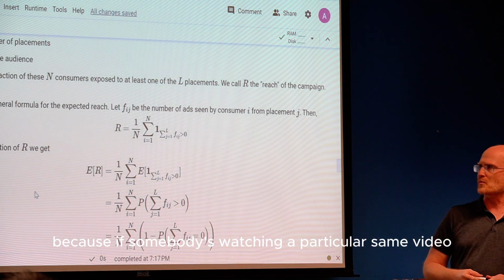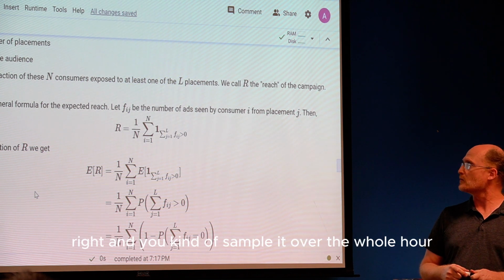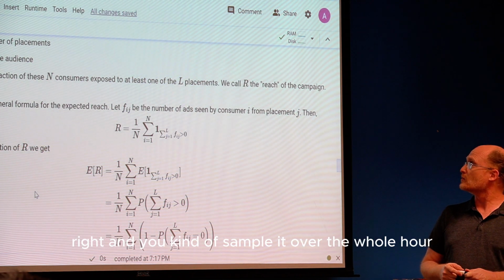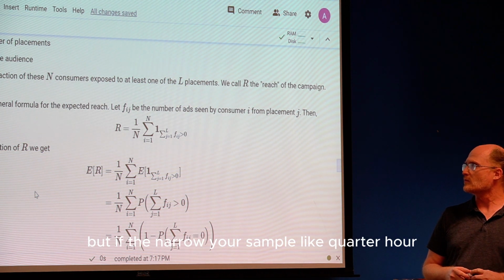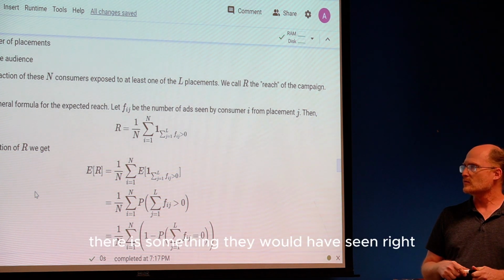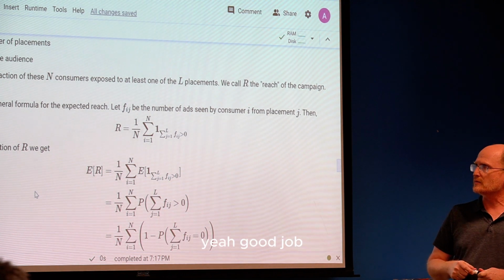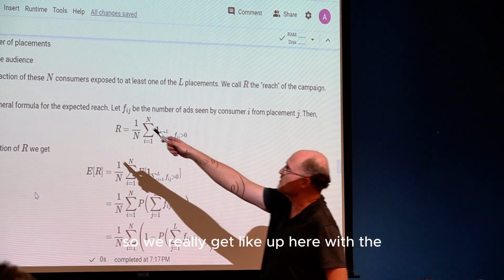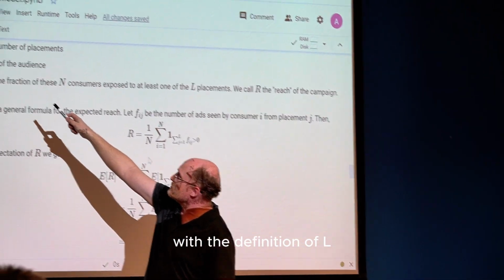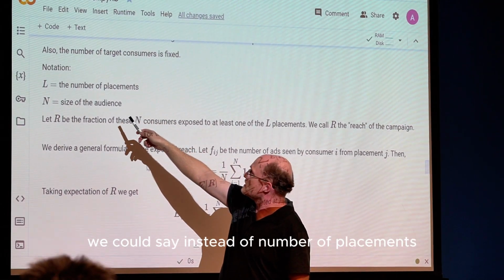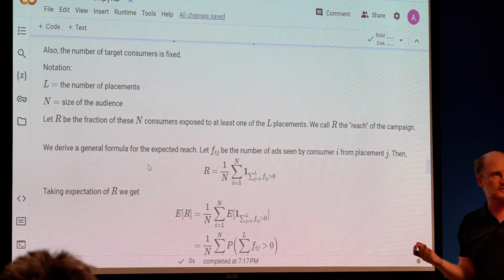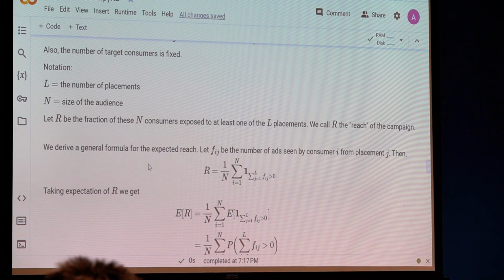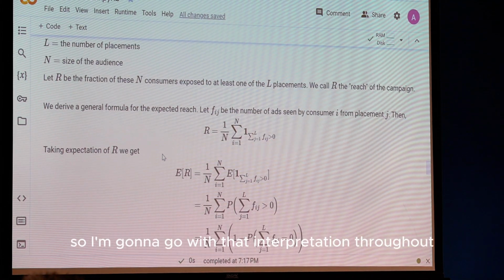If somebody's watching a particular medium and you sample over the whole hour, they might have stepped in or out, but the narrower your sample, like a quarter hour, the more chance that there is an ad they would have seen. So up here with the definition of L, instead of number of placements, we could say number of quarter hours. That would not be a bad way. So I'm going to go with that interpretation.